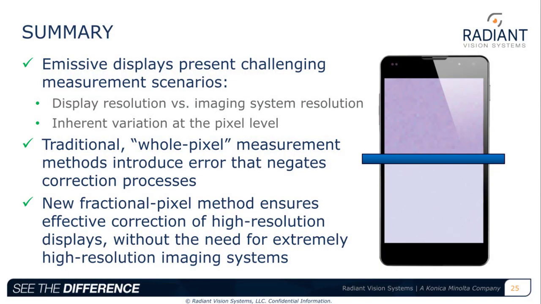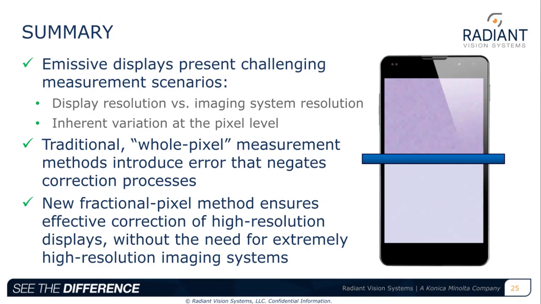We've seen that OLED, microLED, and other emissive displays present increasingly challenging measurement scenarios. They have high resolutions relative to the resolution of image-based measurement systems. They have inherent pixel-to-pixel luminance variability, making display correction a necessary quality control measure.